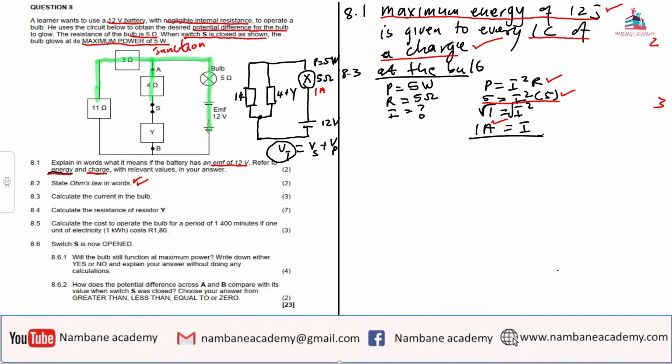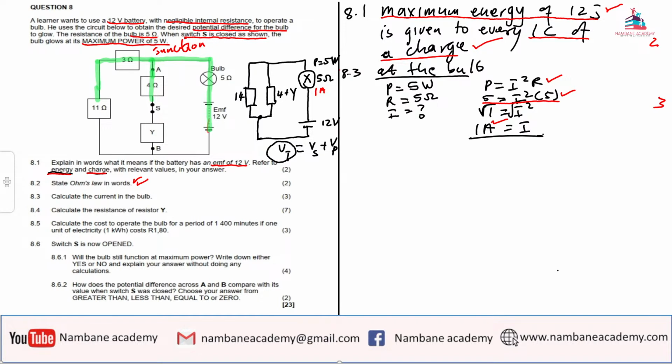So it basically says you cannot say at the 5 ohm resistor or the bulb, you have 12. You actually have less than 12. Why? Because the parallel combination is taking some of the potential difference. The series combination also takes another potential difference, but combined, they give you now the total voltage of the circuit.